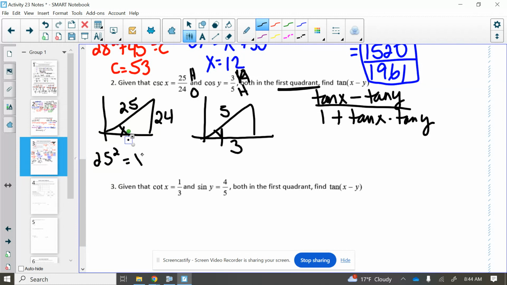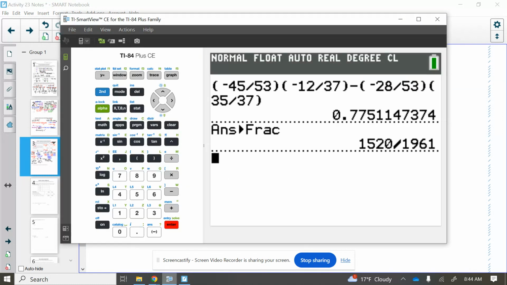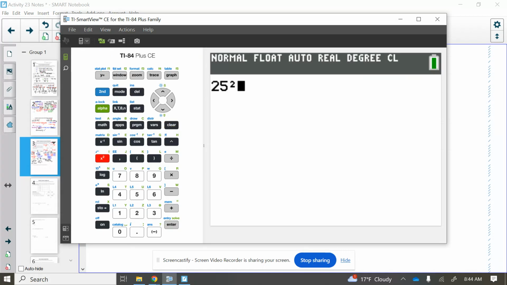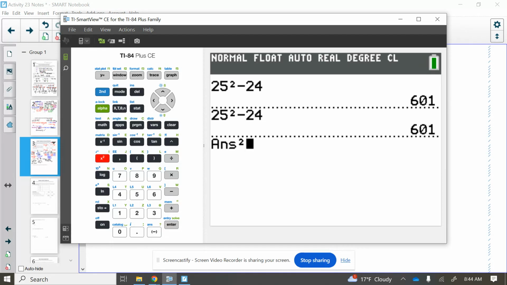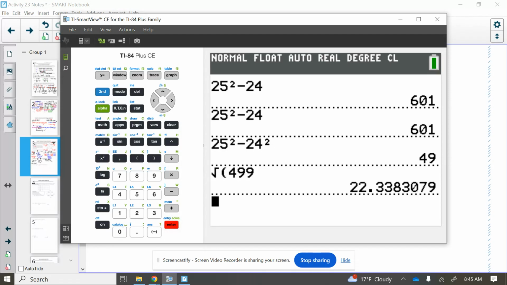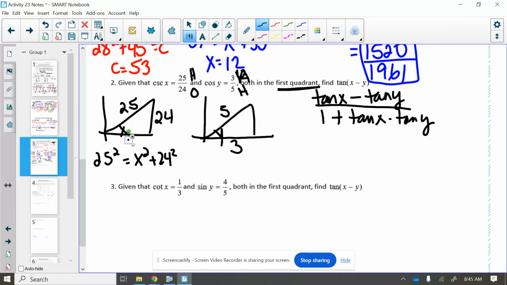Hypotenuse squared equals x squared plus 24 squared. So 25 squared minus 24 squared is 49. Square root that to get our answer: the square root of 49 is 7 for our missing side, because your x value is going to be 7.